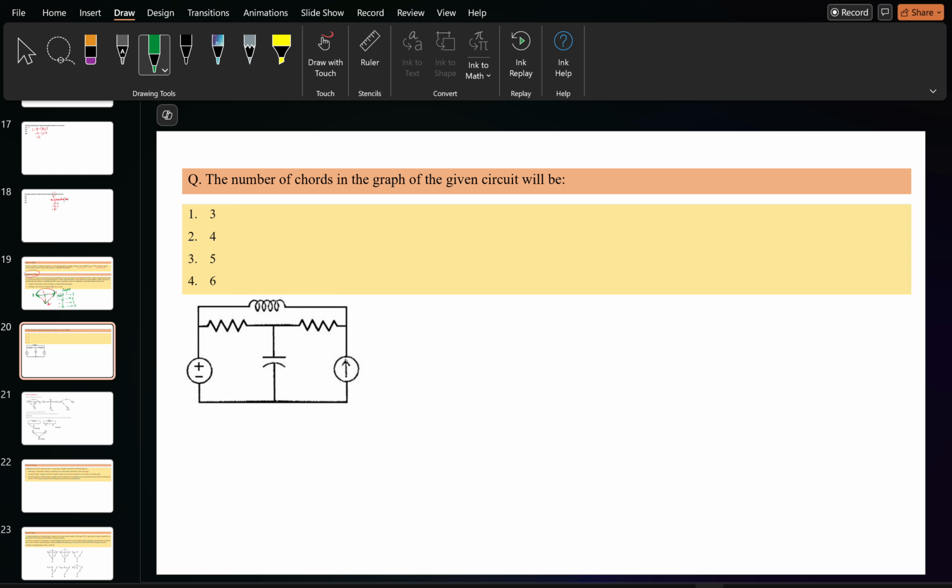We will go with the basics and see how to form those matrices. Okay, I got one answer, option 4, meaning option 1.